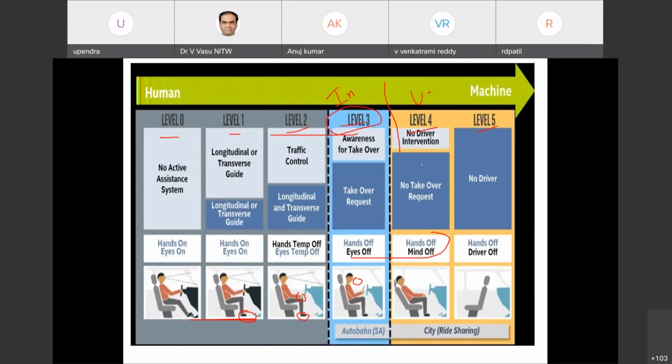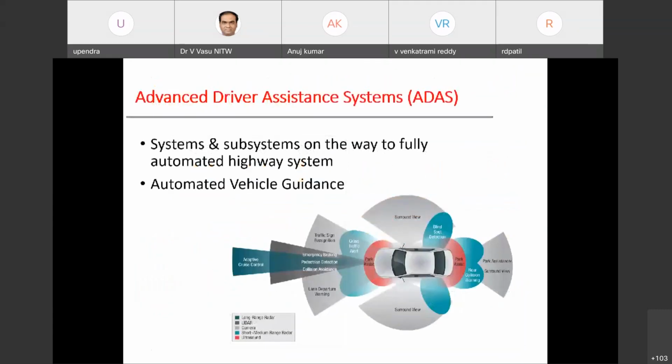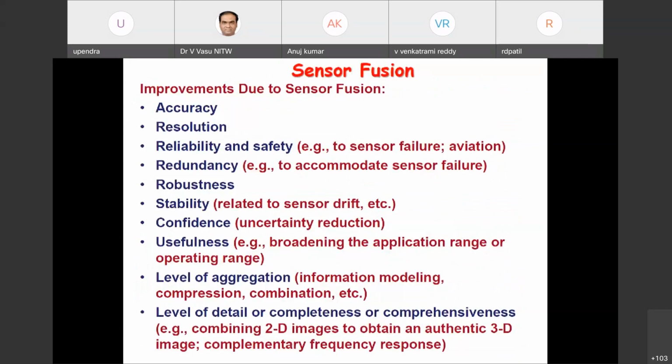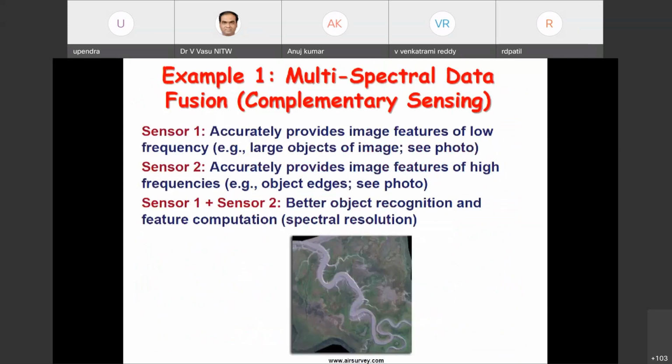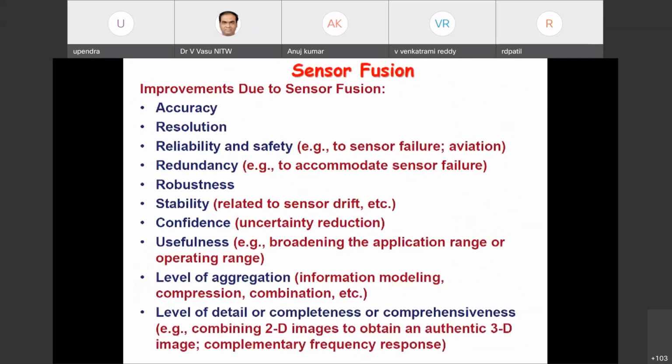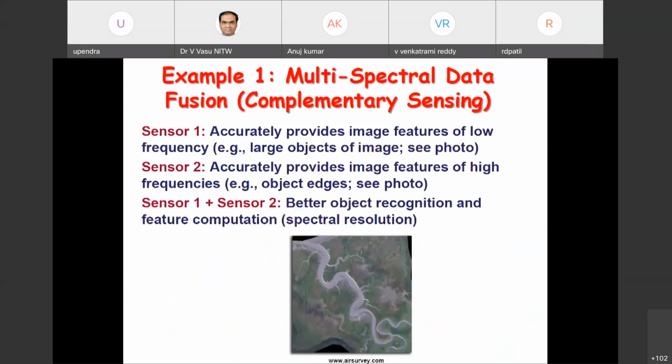So this is going to be done by using this fusion of sensor techniques. With the fusion of sensor techniques, we are going to get accuracy, resolution, reliability, safety, and redundancy. These are some of the important things we are going to get. My example of this is that you can take satellite pictures also.